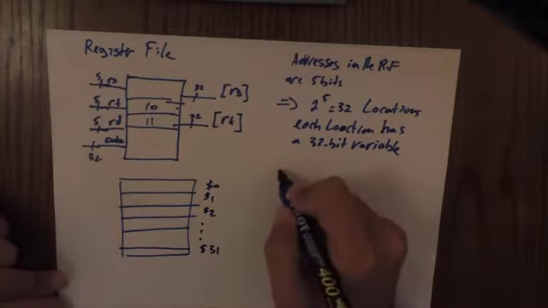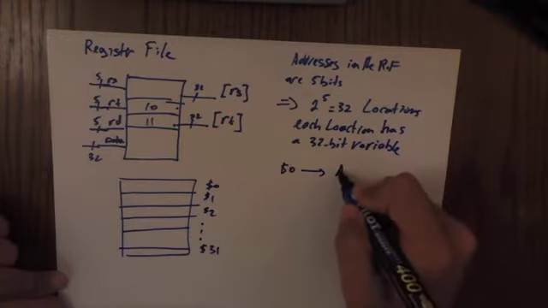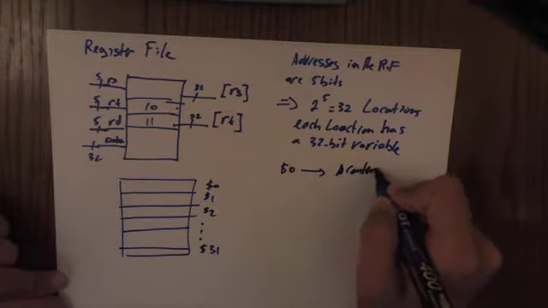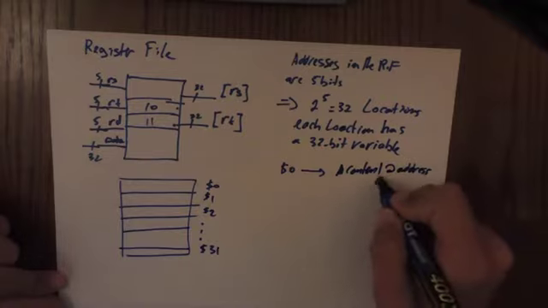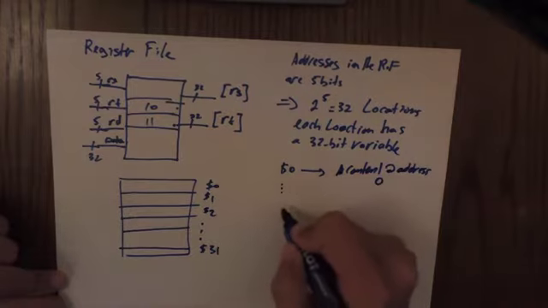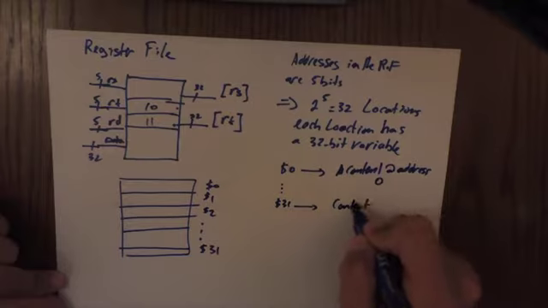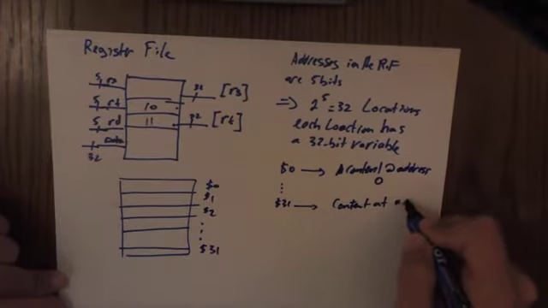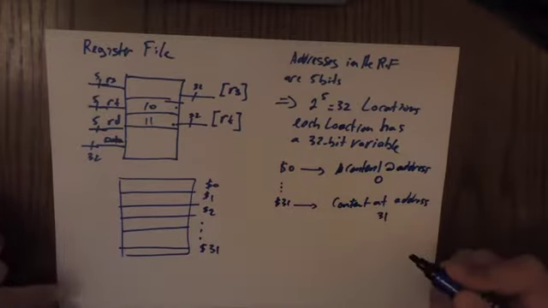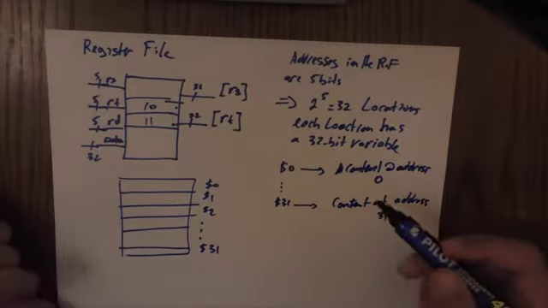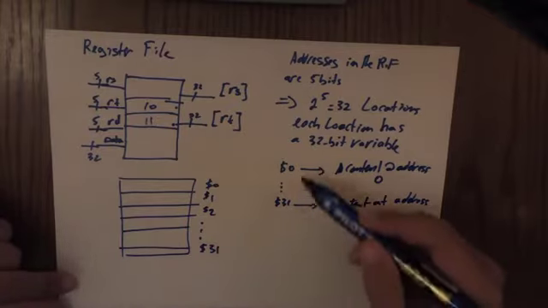So $0 means the content at address 0, and $31 means the content at address 31. So a way to identify these registers is by giving the location number with the dollar sign.